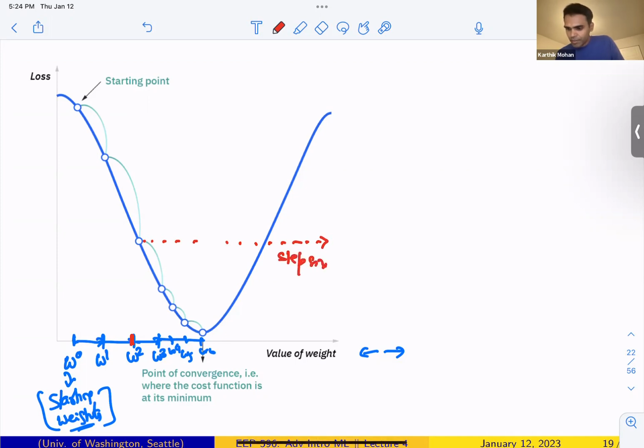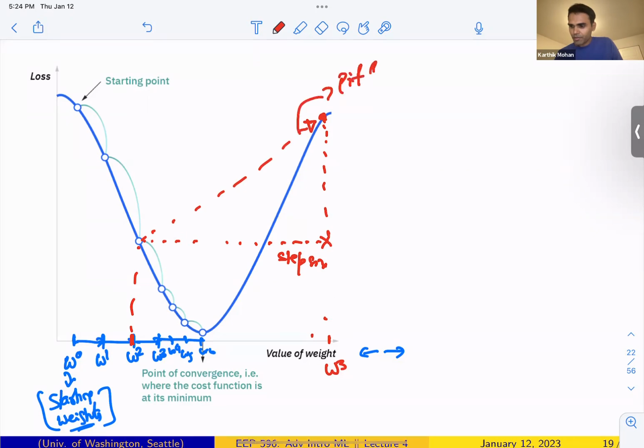From here, which is W2, I end up here, which is W3, and look at the loss corresponding to W3. It's here. So I go from here to here. This is a pitfall of a large step size.